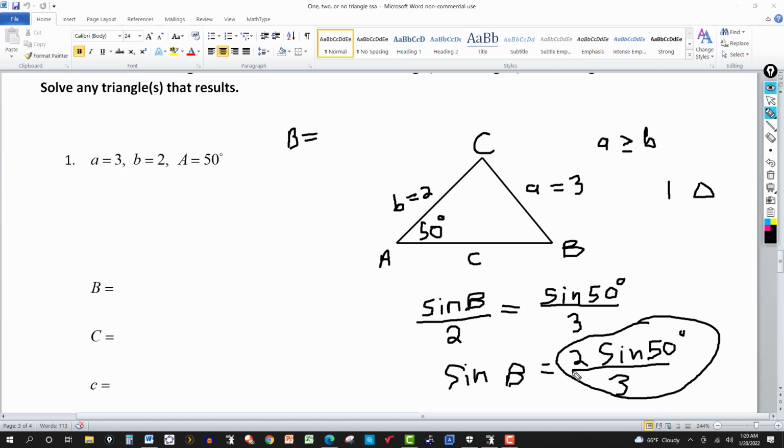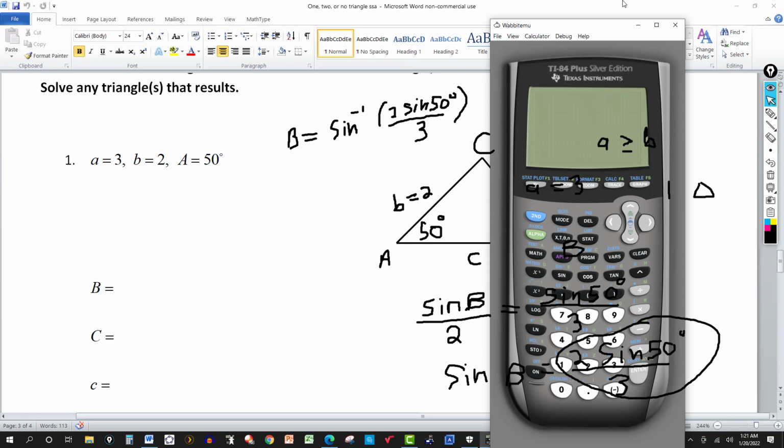I take the sine inverse of both sides here. So B will equal the sine inverse of 2 sine of 50 degrees over 3. Now make sure your calculator is in degree mode.